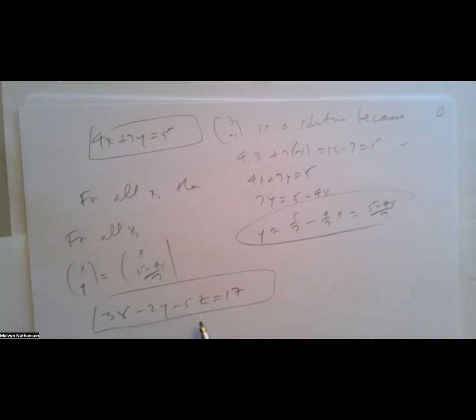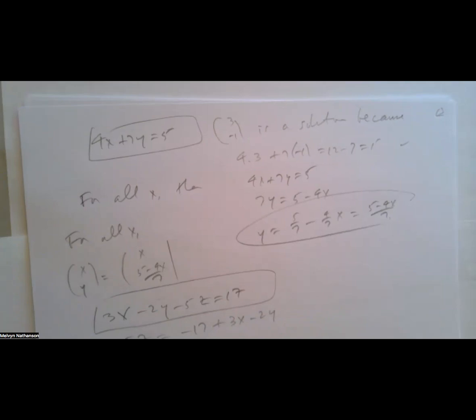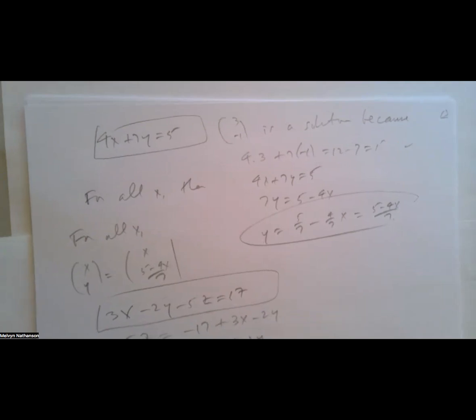Because for any x and y, if I just rewrite this, 5z is minus 17 plus 3x minus 2y. I just rearrange that equation. So z is (minus 17 plus 3x minus 2y) over 5.